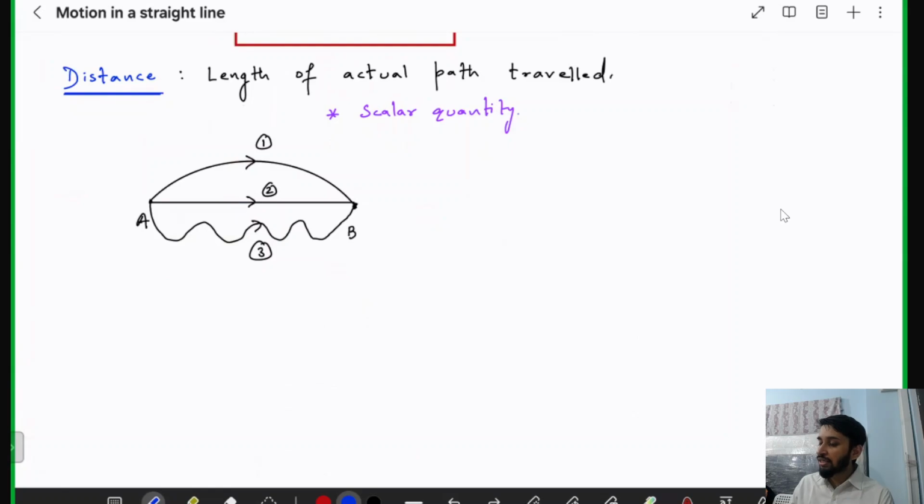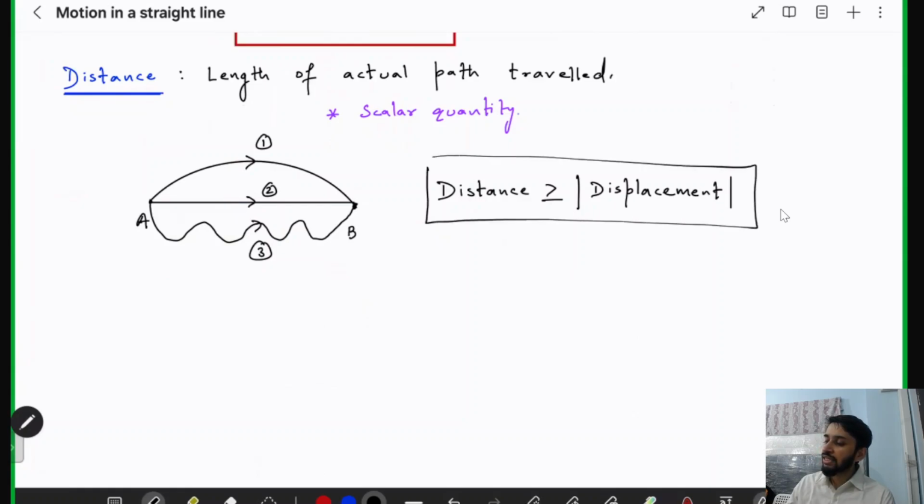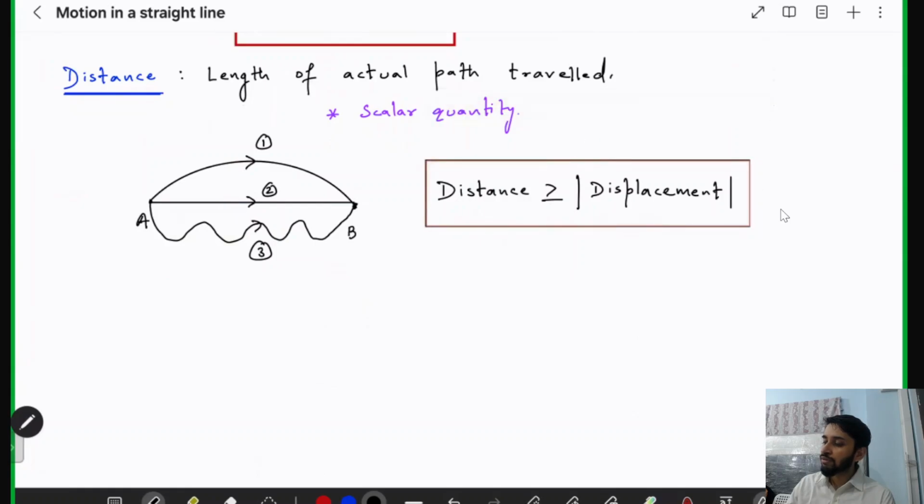So in general, distance is greater than or equal to the magnitude of displacement.